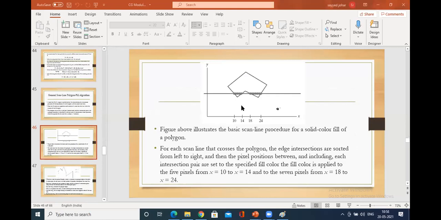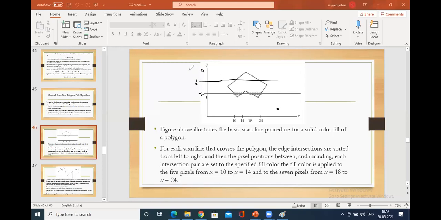Now you can see in this diagram, you have the x-axis and y-axis. We have one of the edges over here. You can see that y is going to increase in unit intervals. Imagine at this point the value of y may be 2, and at this point the value of y may be 6. Consecutively 1, 2, 3, 4, 5, 6, maybe till 10, we have 10 scan lines.